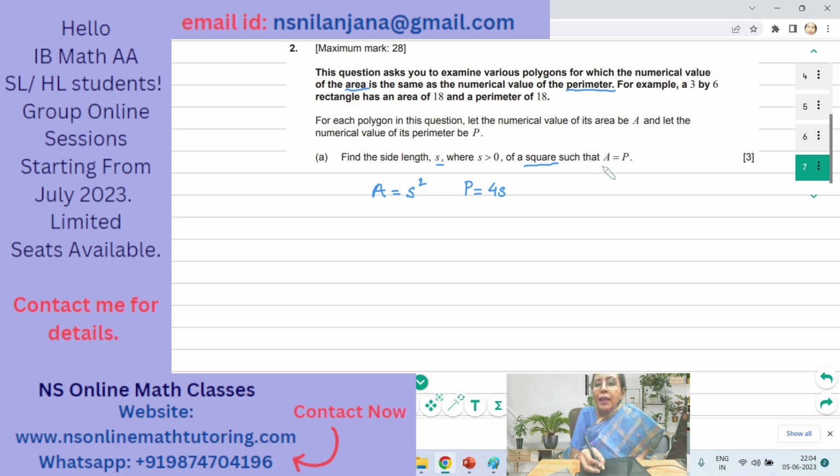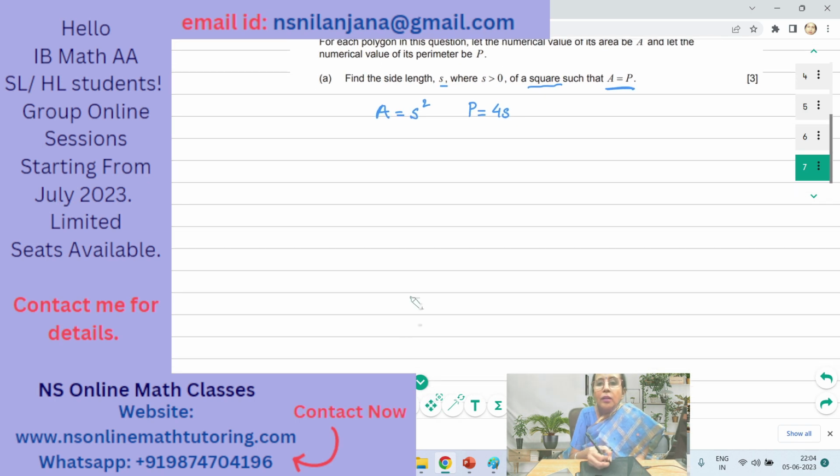Okay, and because A is equal to P, therefore S squared is equal to 4S, or S squared minus 4S is equal to 0, and taking S outside the bracket, making it the common factor of these two terms.